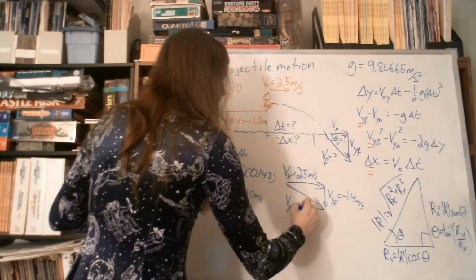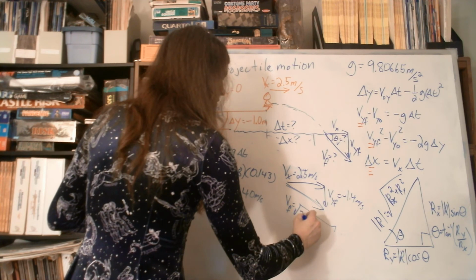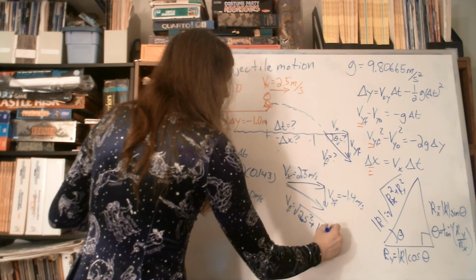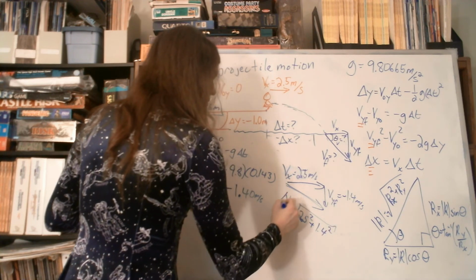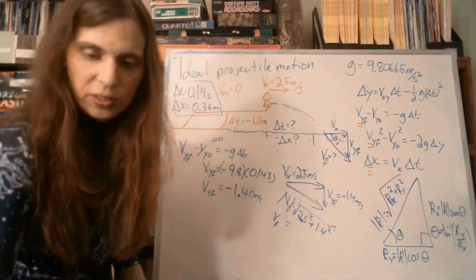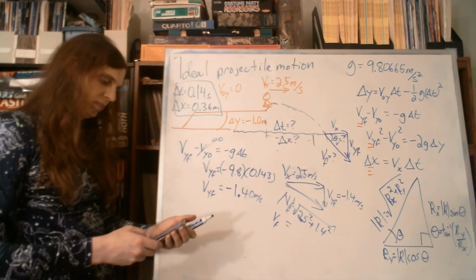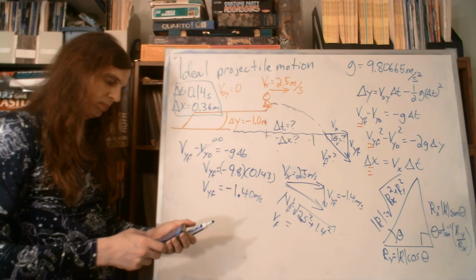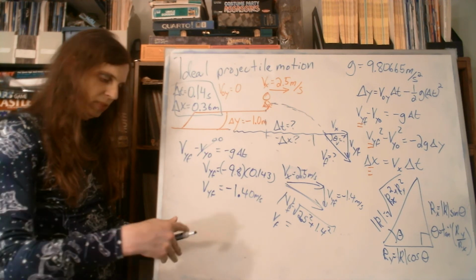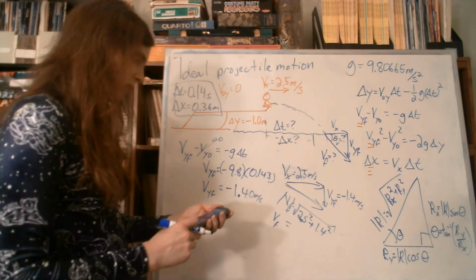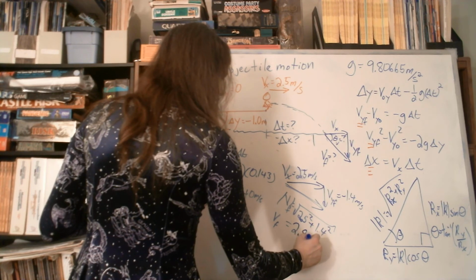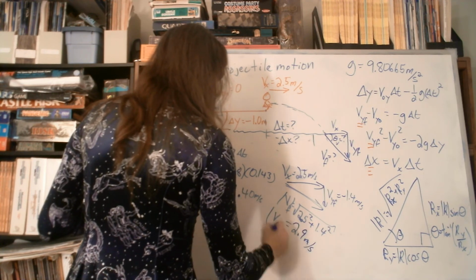V final then gets to be the square root of 2.5 squared plus 1.4 squared, which is about 2.87, 2.9 meters per second.